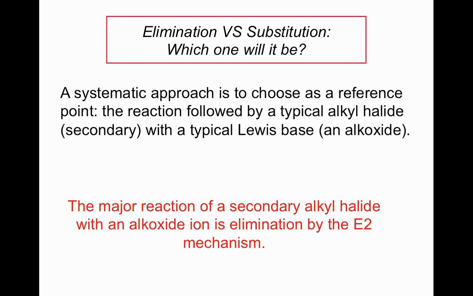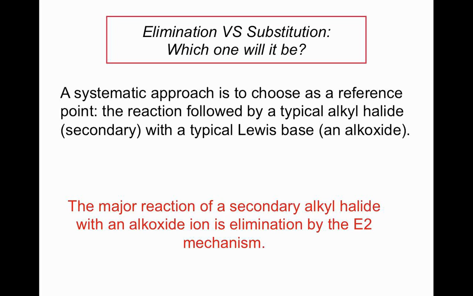So, we begin first by using a systematic approach where we set a starting line and all agree that a typical alkyl halide, such as a secondary alkyl halide, combined with a typical Lewis base, an alkoxide, a strong nucleophile, a strong base in this case, will favor elimination by the E2 mechanism.